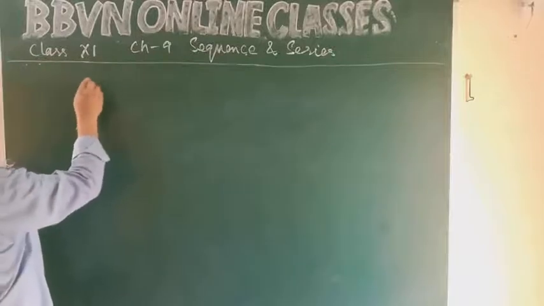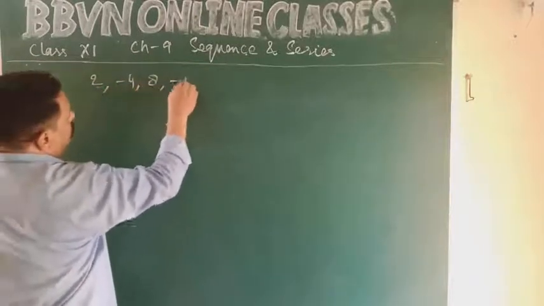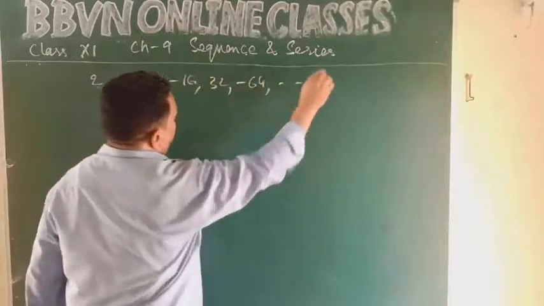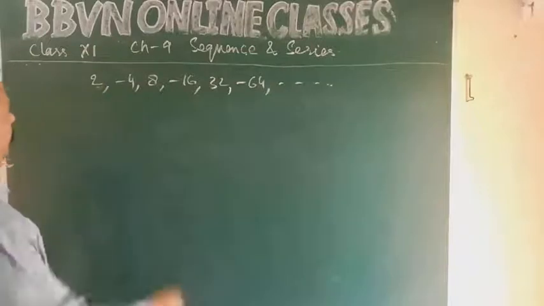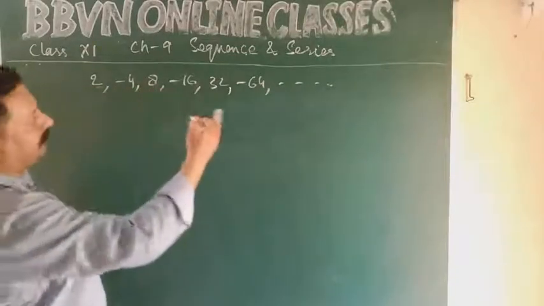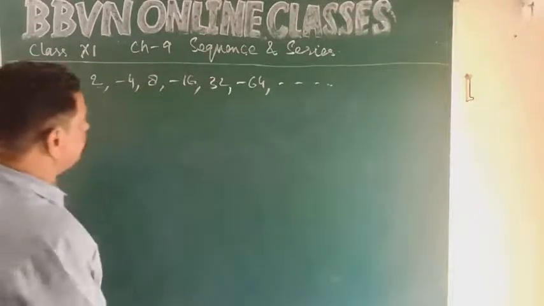Suppose you are provided with a sequence. Okay. Now 2, then minus 4, 8, minus 16, 32, 64. This is definitely not an AP. Is it a GP?